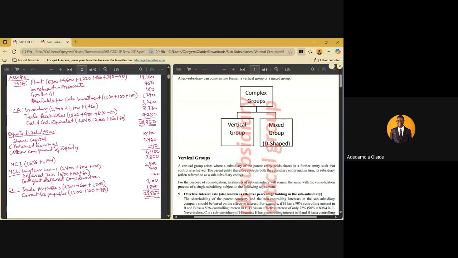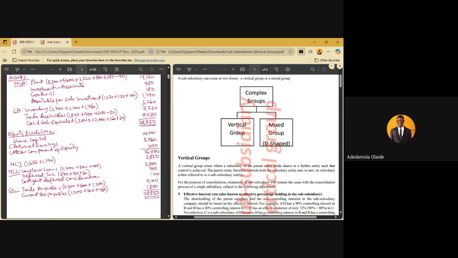A vertical group is where A owns B and B owns C. A does not have any investment in C. But a D-shaped group is where A owns B, B owns C, but A also has a direct investment in C. Maybe A owns 10% in C, then they went ahead to buy 60% in B, whereas B owns 80% in C. Then because A now owns B, it automatically makes C their subsidiary.